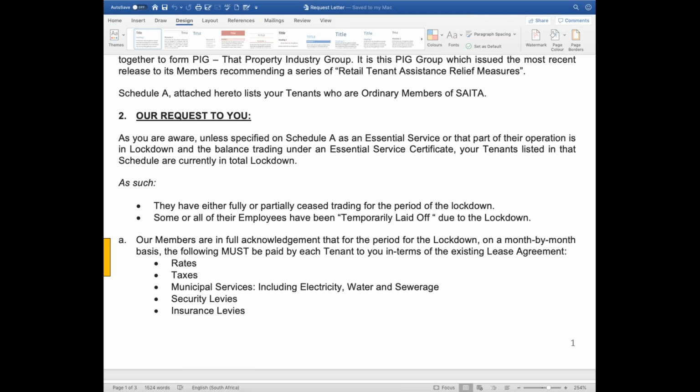What I'm looking for at this stage is in-principle agreement that what we should be tendering is at least the rates, taxes, municipal services, and security and insurance levies, because generally those are what are charged for as standard operating overheads, unless you're aware of other operating overheads, or unless you're aware of the fact that traditionally in your rental statements you're not charged for security or insurance, and therefore we shouldn't stipulate that now.